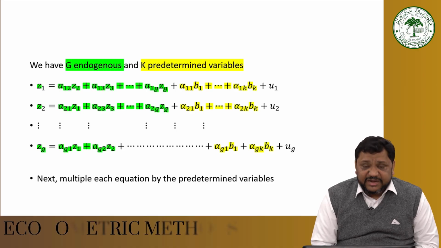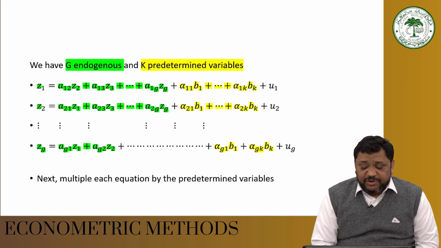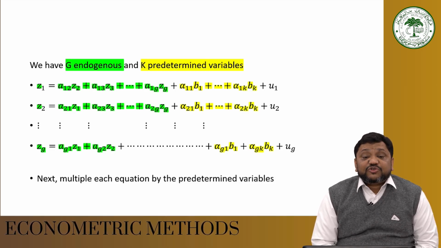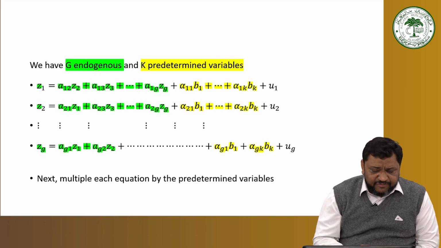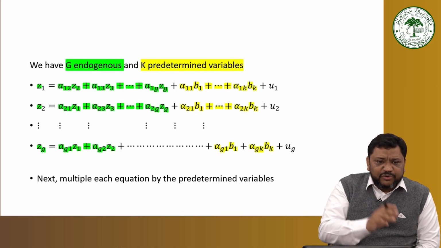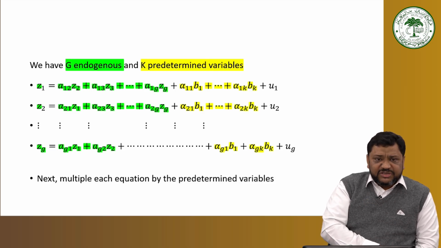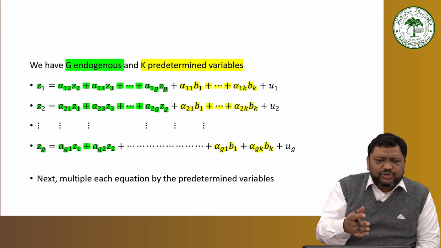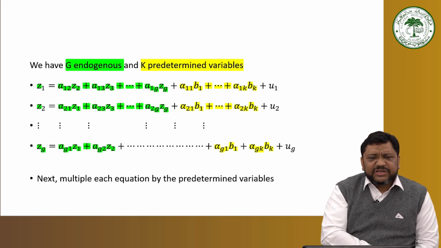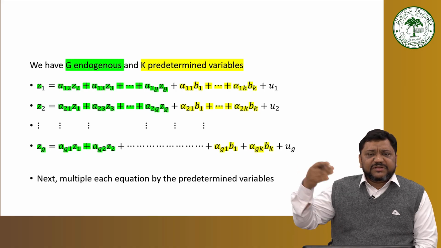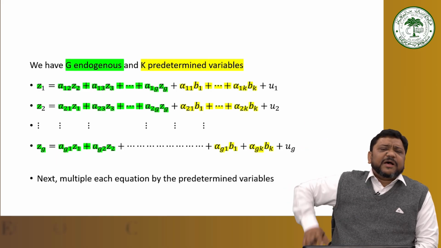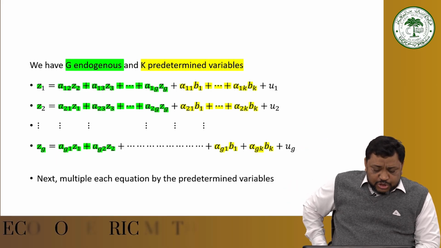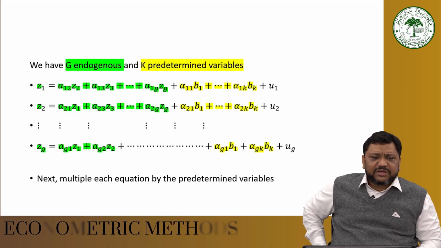The first equation then has the terms alpha 11 B1 plus up to alpha 1k Bk, so B1, B2, B3, B4, B5 extending up till Bk are the predetermined variables. Similarly, the Z2 equation is equal to A21 Z1 plus A23 Z3 extending up till A2G Zg plus alpha 21 B1 plus alpha 22 B2, extending up till alpha 2k Bk.